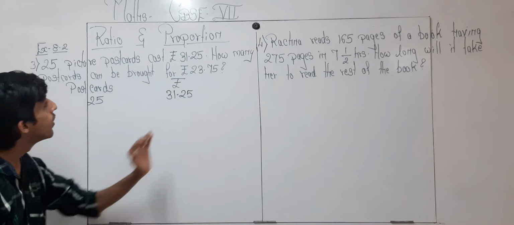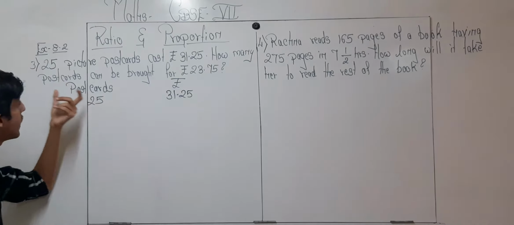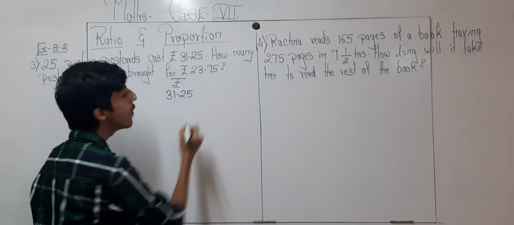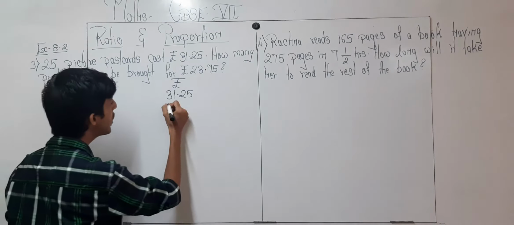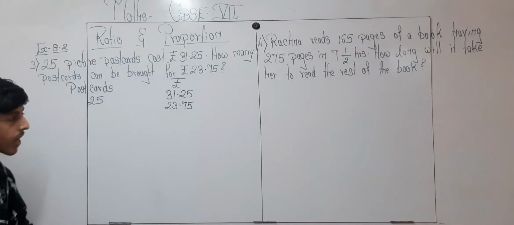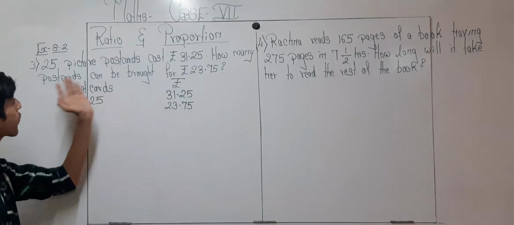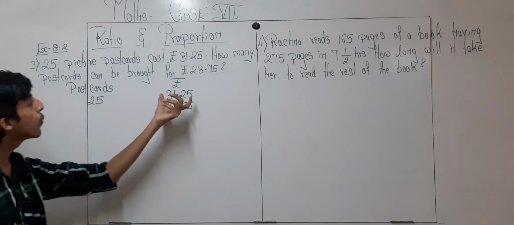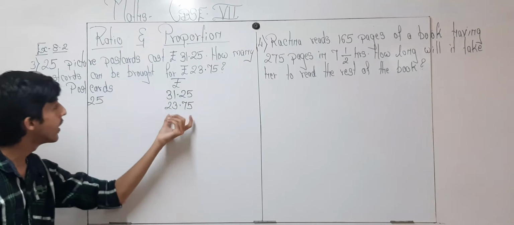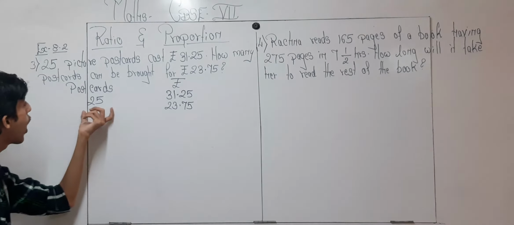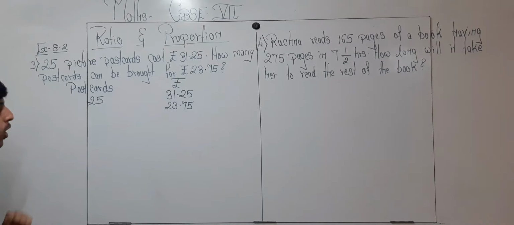Now, how many postcards can be bought for 23.75 rupees? Over here the postcards were 25 and the rupees were 31.25. Now the cost is 23.75. So how many postcards can be bought?